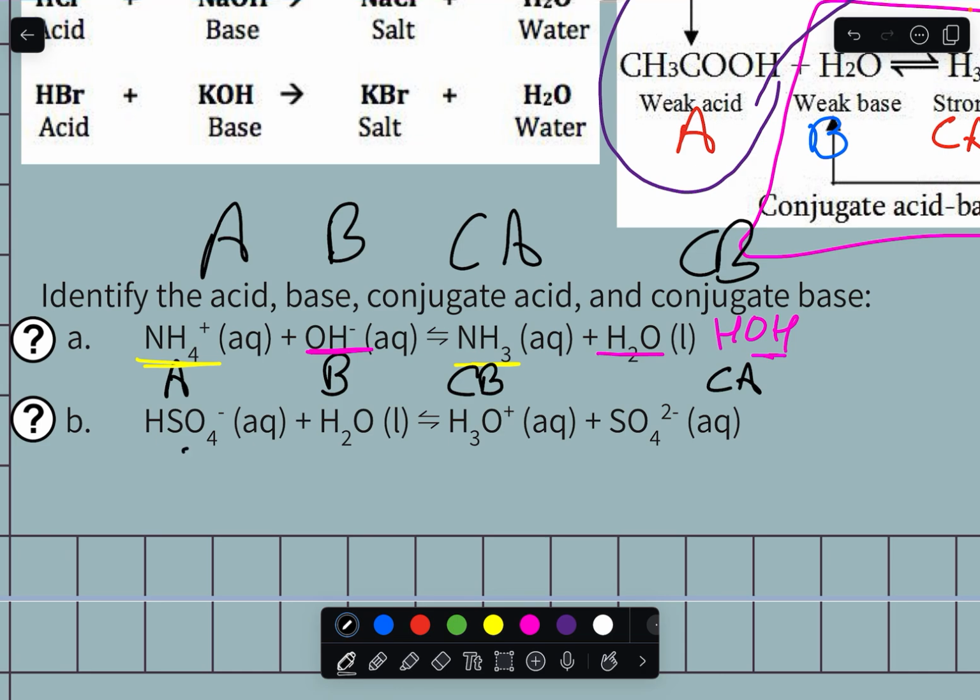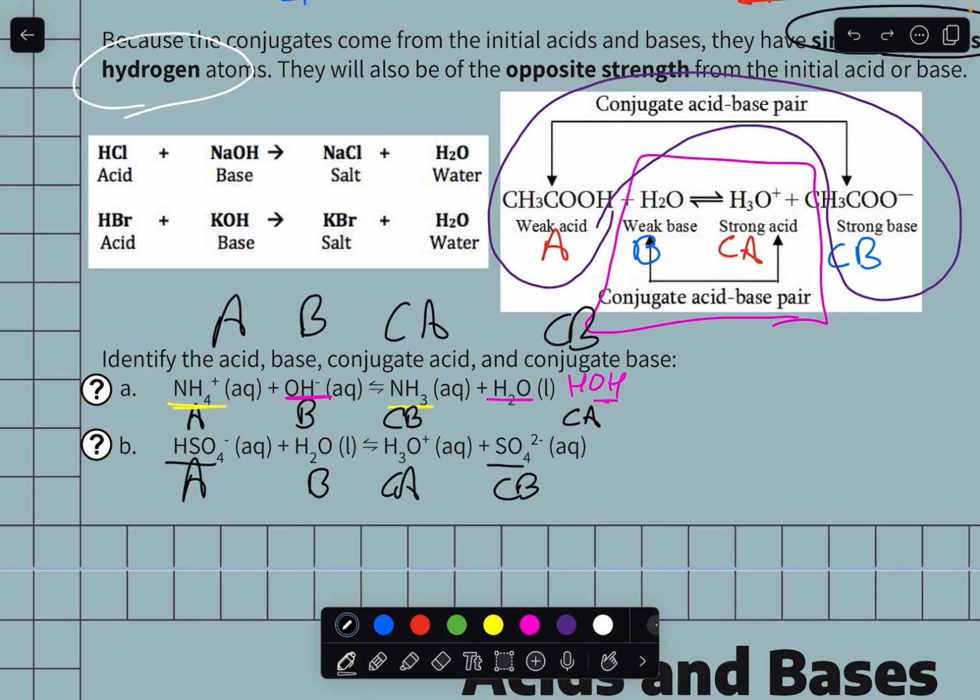So HSO4 minus loses the hydrogen. If it loses the hydrogen, that makes it the acid, and its conjugate is going to be the conjugate base. H2O is gaining a hydrogen, that makes it a base. Its conjugate is the conjugate acid. Okay. So sometimes we can't just know straight off the bat from the start. You sometimes have to look at how it matches with its conjugate first.